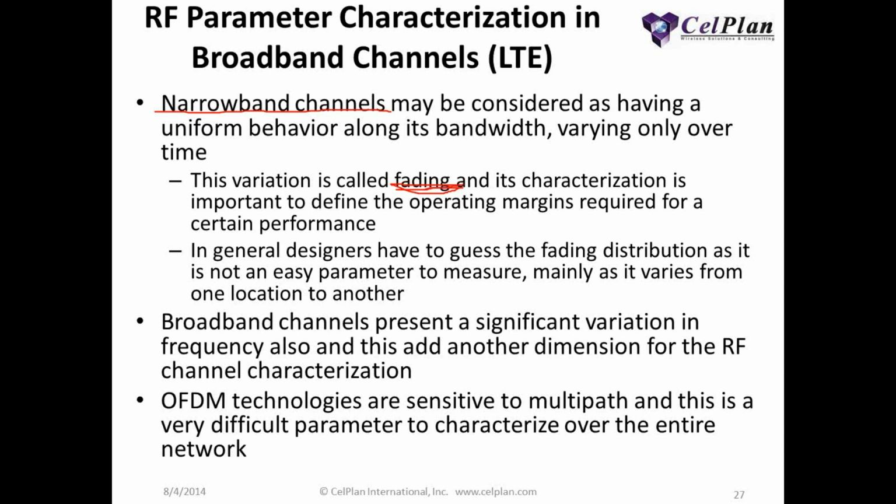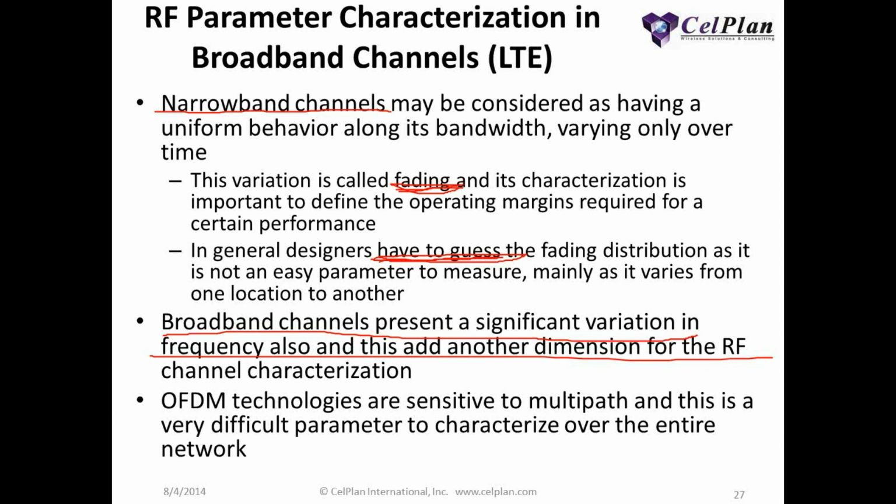So basically, broadband channels present a significant variation in frequency and in time. And when we went to UMTS, this became evident. 5 megahertz channels, and I at least never felt comfortable having to guess the numbers and so on.